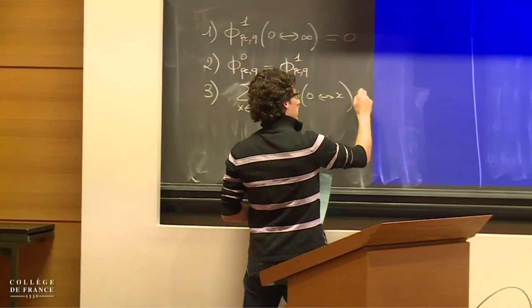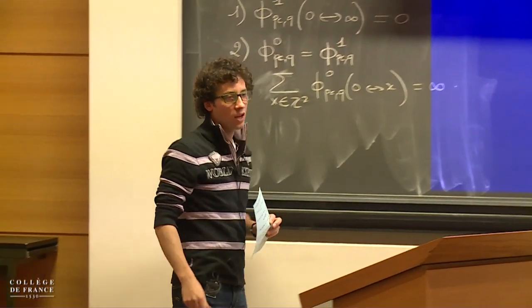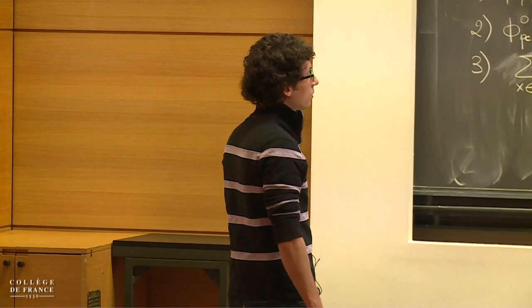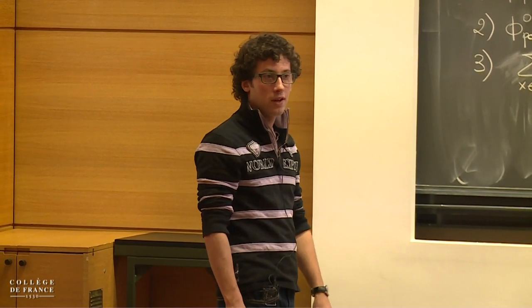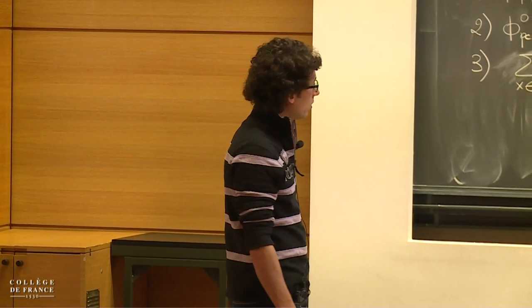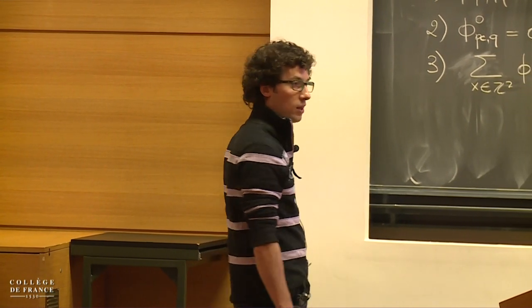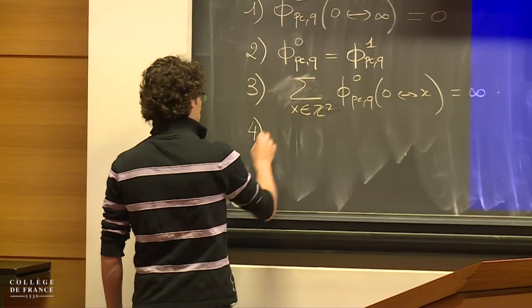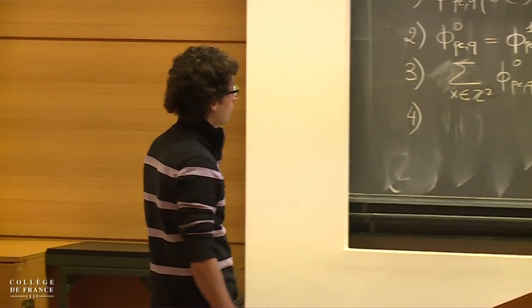This thing is infinite. That's called divergence of the susceptibility at criticality. Some physicists will tell you this is the right definition because this is related to the derivative of the free energy. And so if it's infinite, it means that the thing has a continuous phase transition.